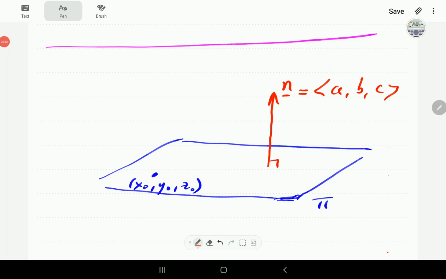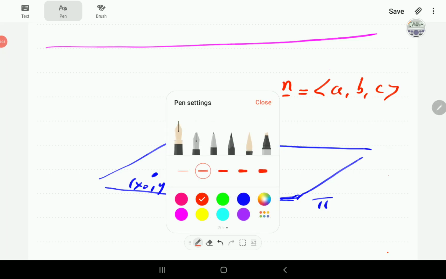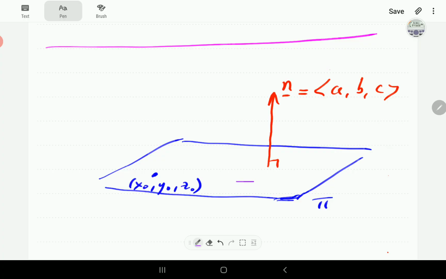Right, so in this case we need two direction vectors, both of which must be in the plane. So if we imagine that this is one direction vector, we are going to call it m1, and let's imagine its components are m11, m12, m13.